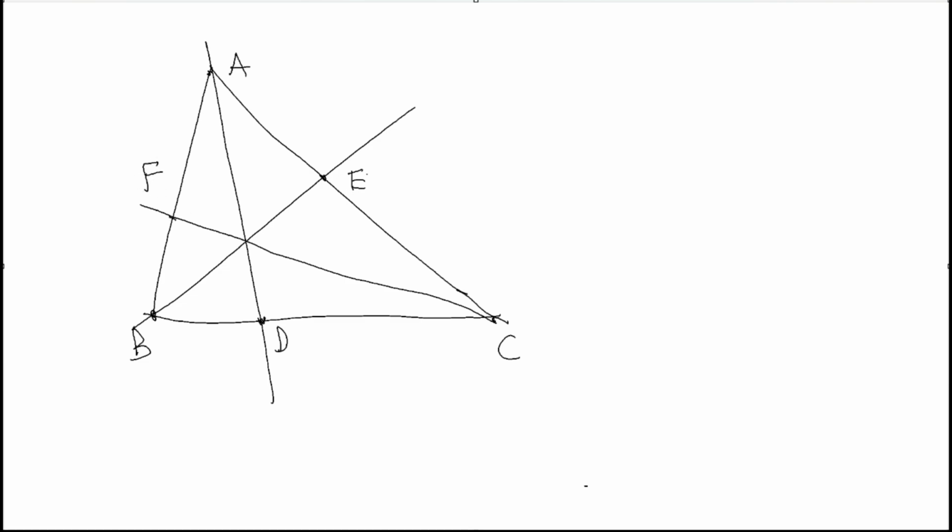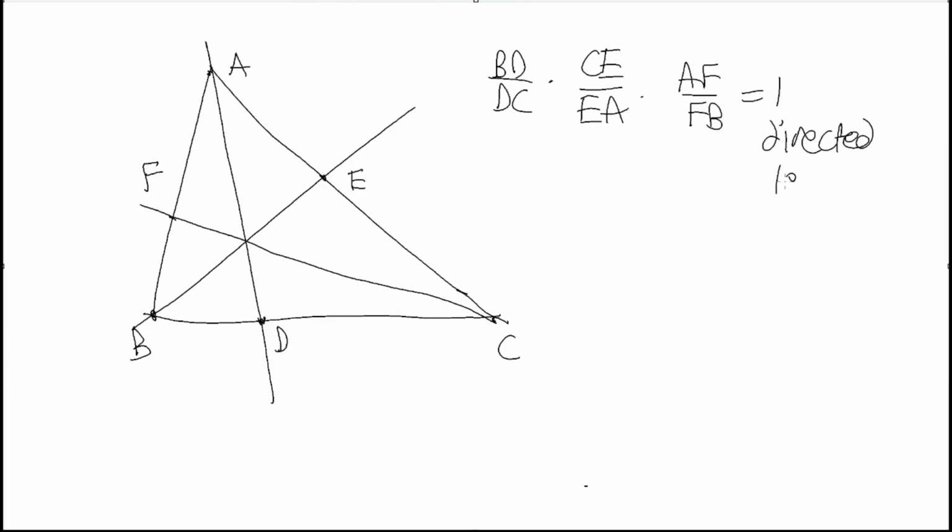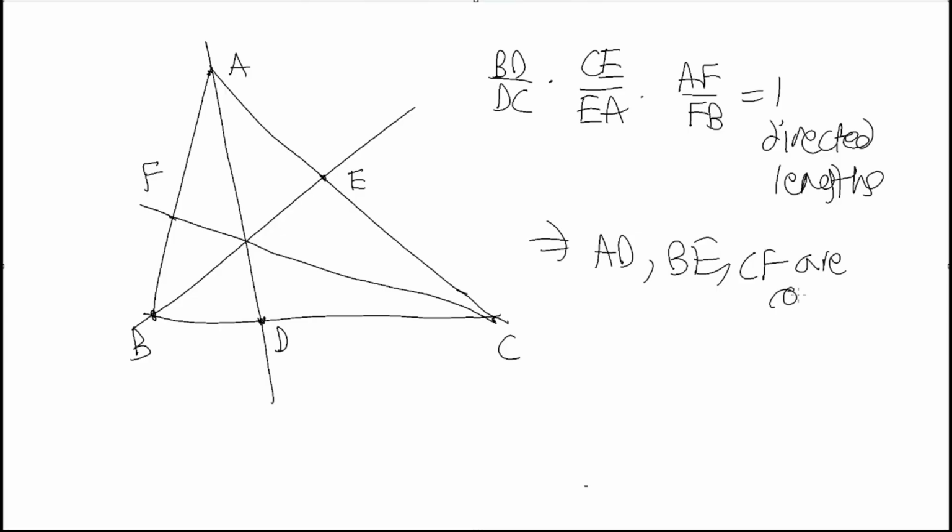Then as it turns out, if BD over DC times CE over EA times AF over FB is equal to 1 in directed lengths, then this means that AD, BE, and CF are concurrent. They all meet at the same point.